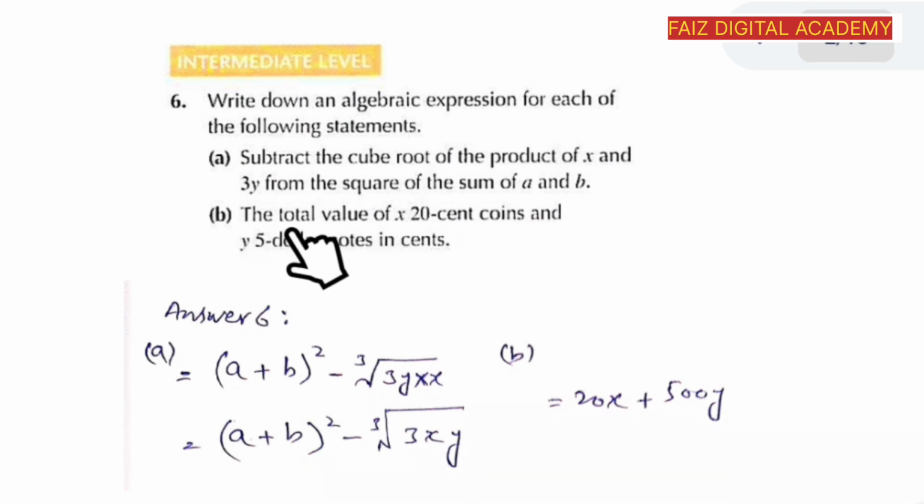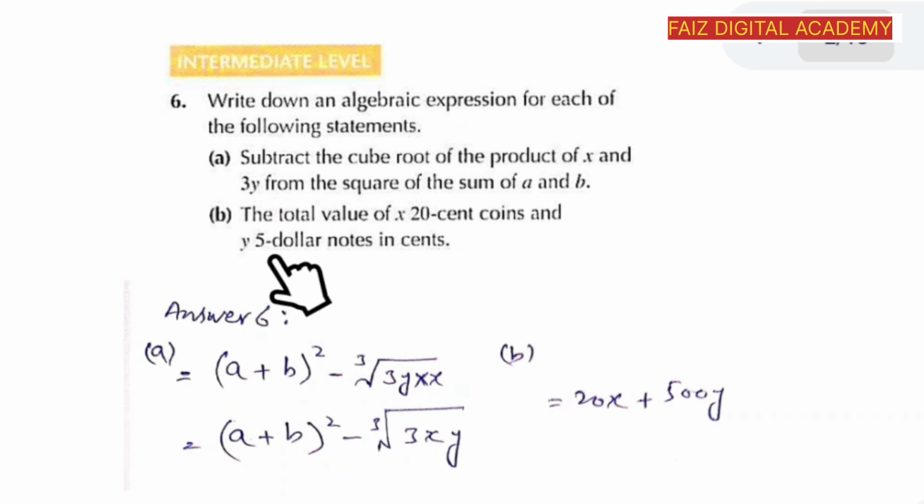In the B part, the total value of x 20 cents coins and 5 $5 notes in cents. So we have to express x numbers of 20 cents coins and y numbers of $5 notes. Because we have to write the answer in cents, we have to convert this $5 into cents.